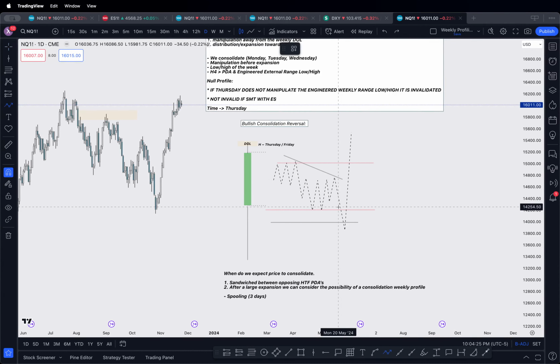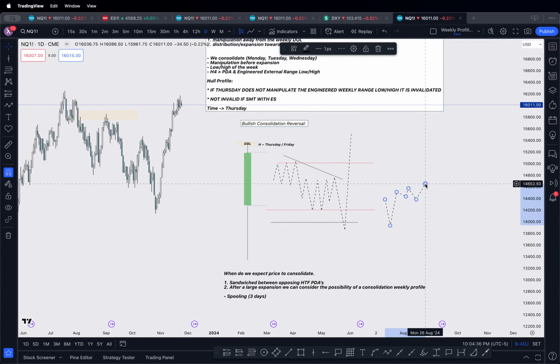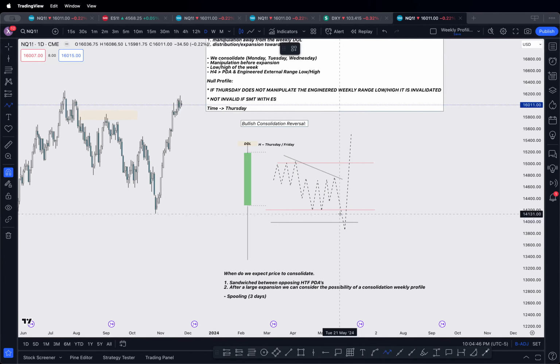Continuation, right? If you saw this, what can price not do? So this is the fair value gap. Can price go from expansion to reversal, or can price go from consolidation to reversal? No. So if we don't get a meaningful reversal, like a sting back above this point, but instead maybe we do this, what do you think is going to happen the next day?